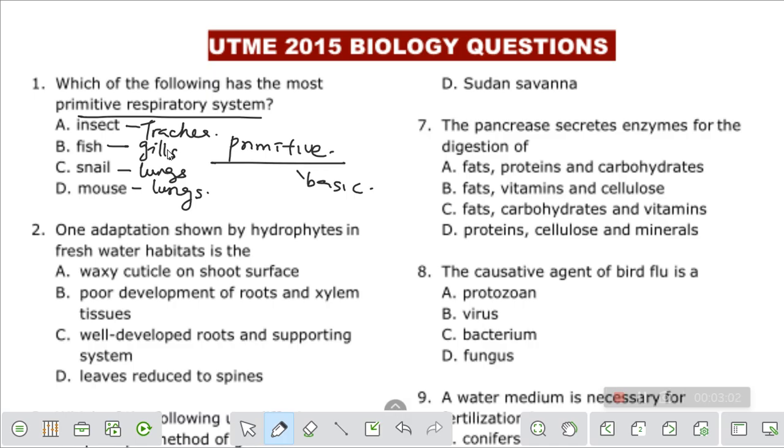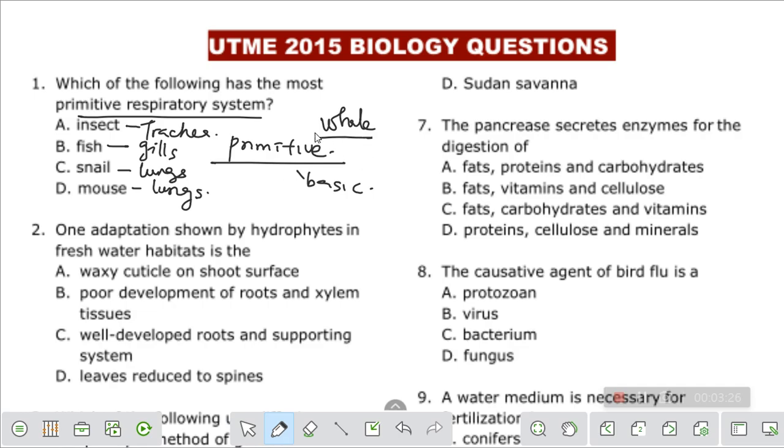Whale is a mammal, so whale is using lungs. Despite the fact that it is a mammal, that's why it's actually moving in water. So whale is actually using lungs.